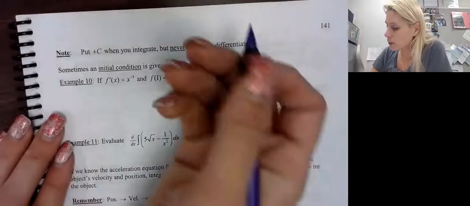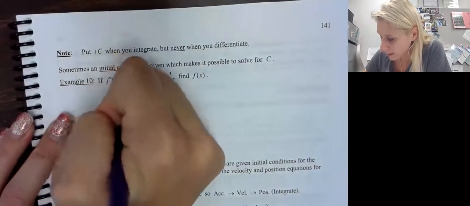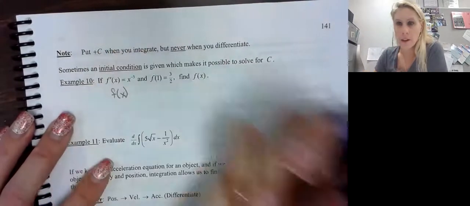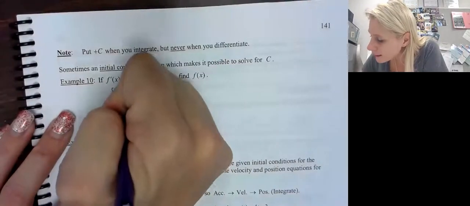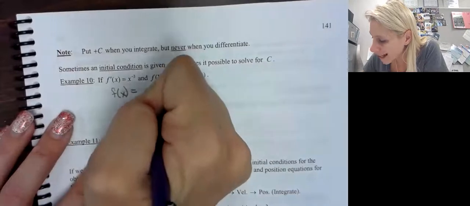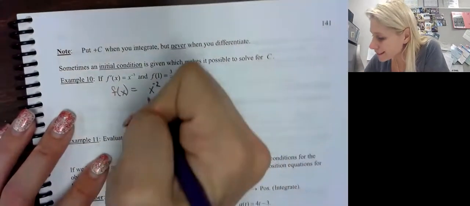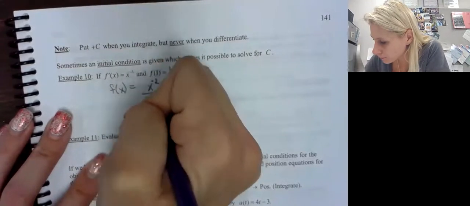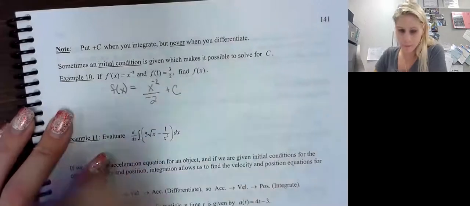So what we're going to do is take the integral. So we get f of x, because if I take the integral of the derivative, I go back to the original function. This is the power rule. So I'm going to add on 1, I get -2, and divide by that new exponent. We have this plus c.